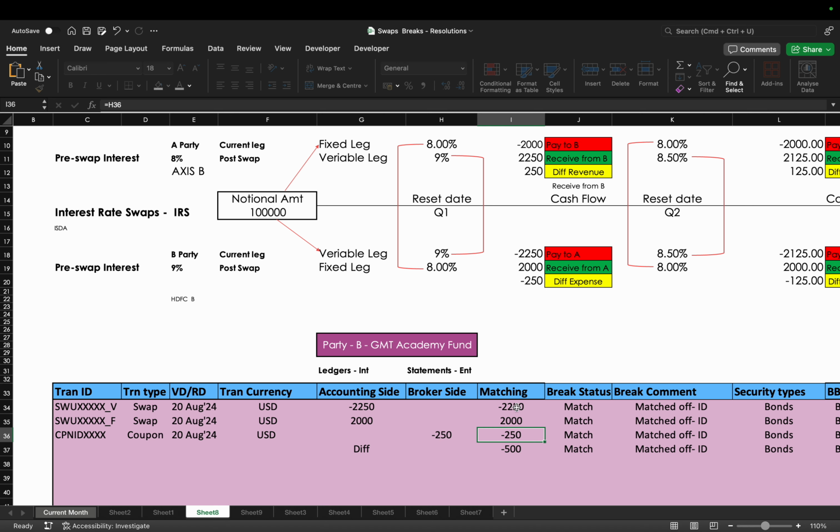The reason is here we have minus 250, where we are going to pay 250 dollars to the counterparty. In that way you can relate it.